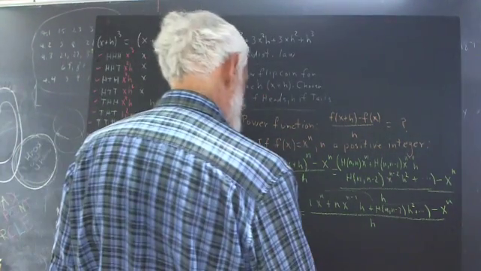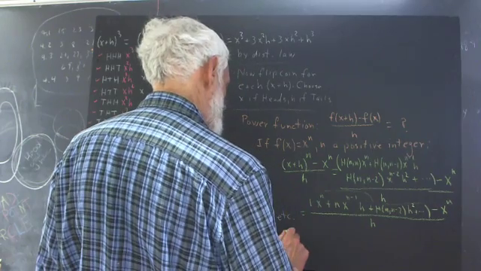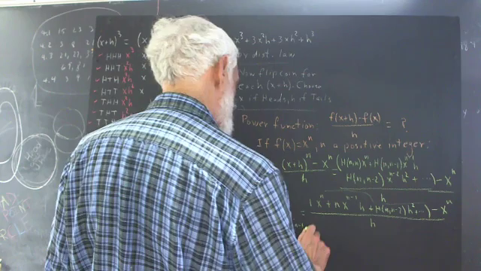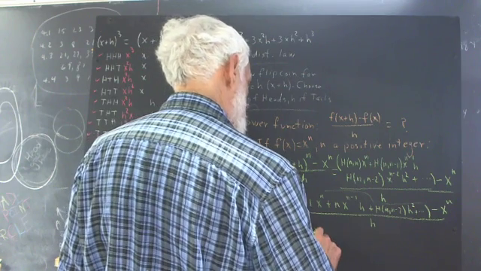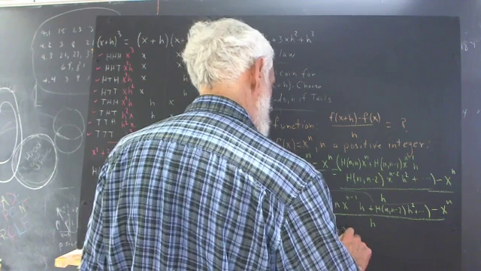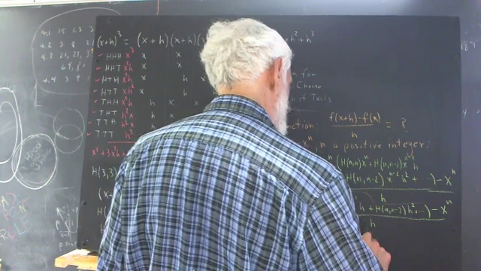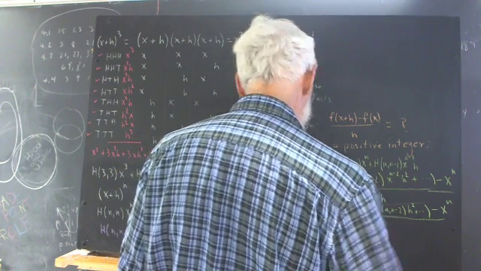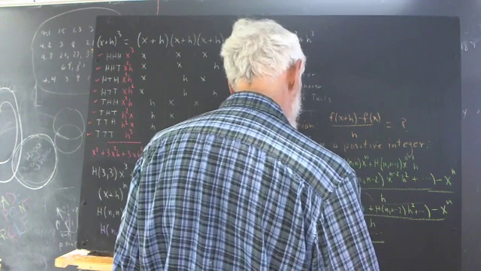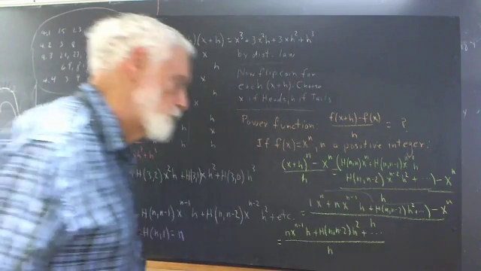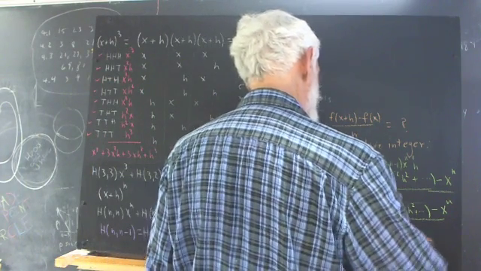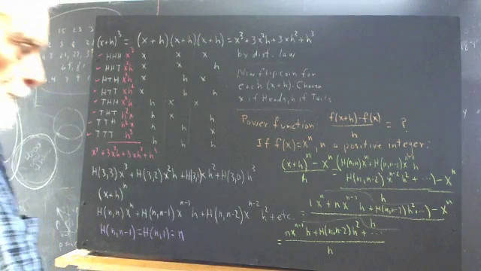So what we have then is just n x to the n-1 times h, plus H(n, n-2) h squared, plus a bunch of other stuff, all divided by h. Again, things are getting jumbled here. Let me draw a line of demarcation.